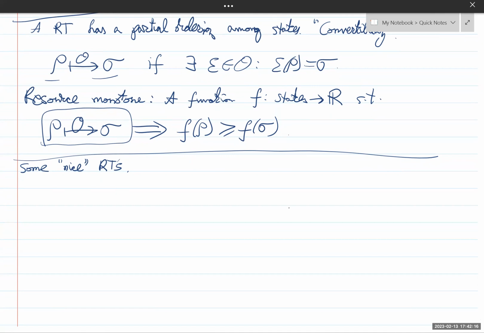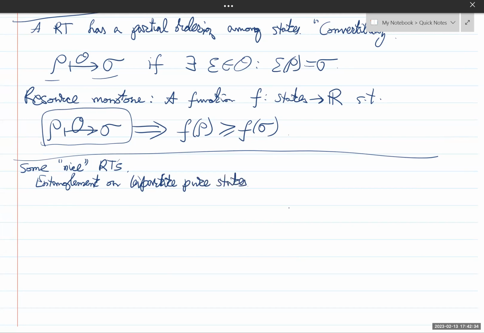One example would be entanglement on bipartite pure states.